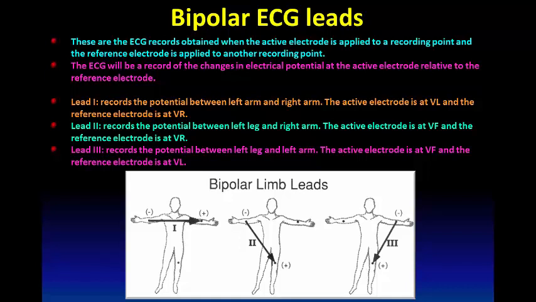The bipolar limb leads can be looked at as if they are electric vectors. So this is the electrical vector of lead 1. A vector has got a value in magnitude and a direction, and this is a vector of lead 2, and this is the vector of lead 3.